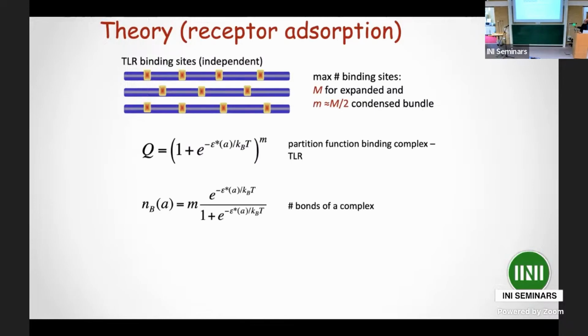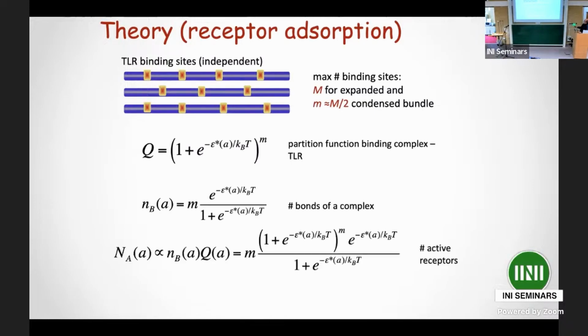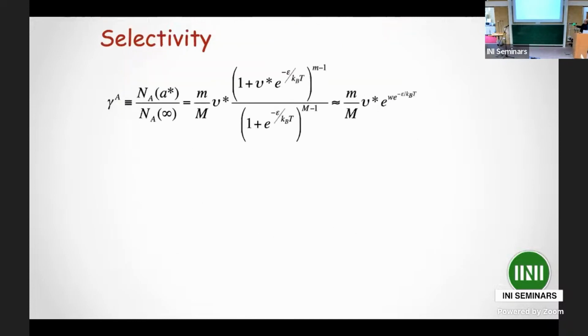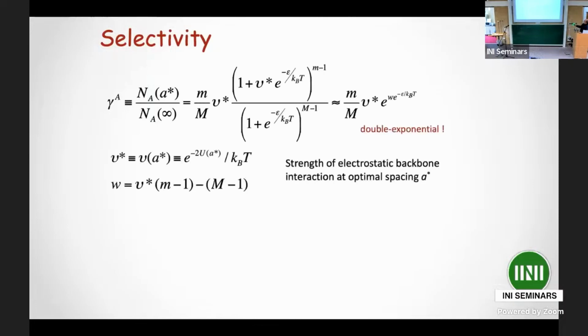But even with that, what we can show is that the number of bound receptors to the cluster has this dependence, and in a certain limit, this becomes a double exponential. It has a very strong dependence on the binding energy and through this on the lattice spacing.